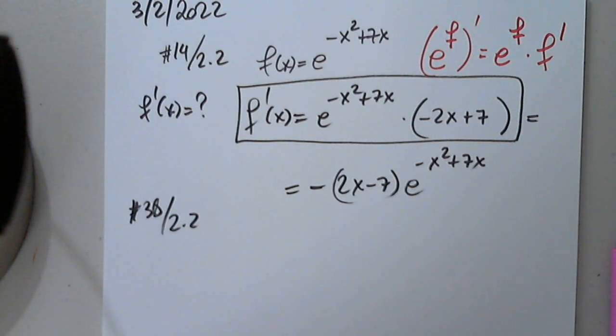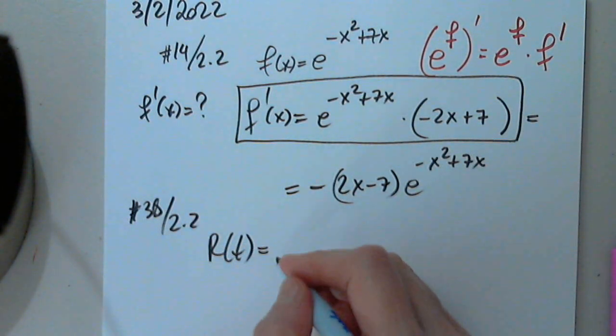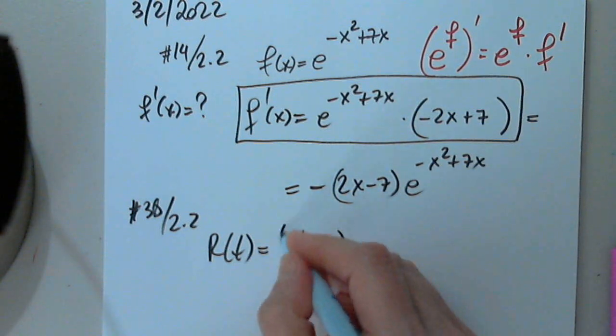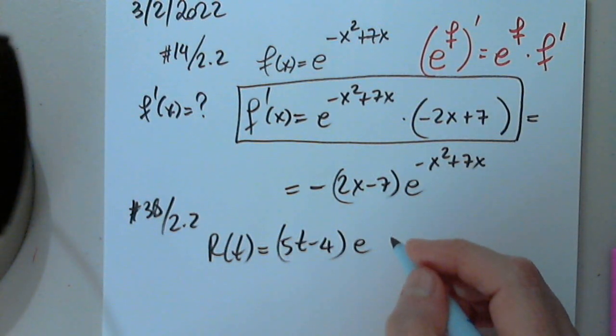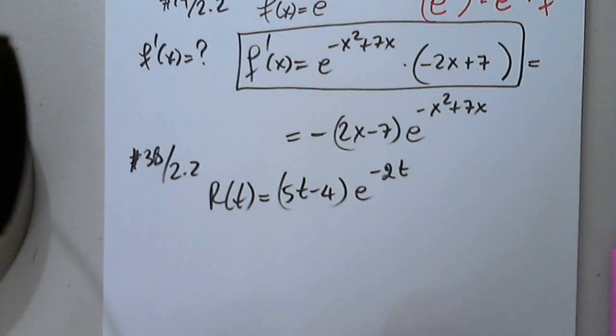So we have r of t, 5t minus 4, multiplied by e raised to negative 2t. First we analyze the function, we see what we have, and then make a decision.